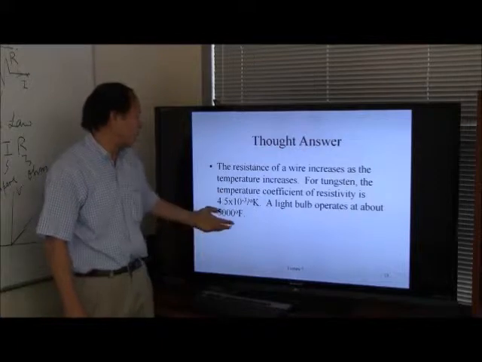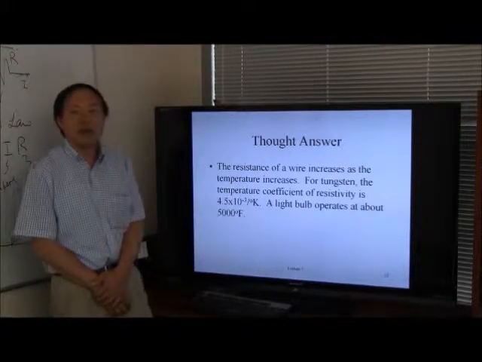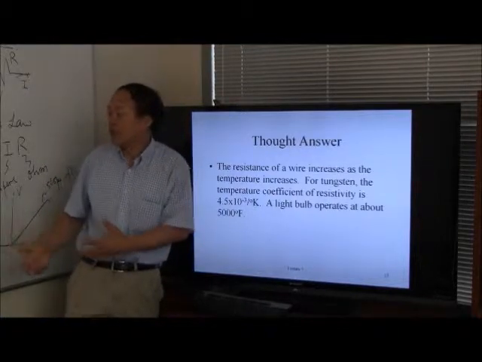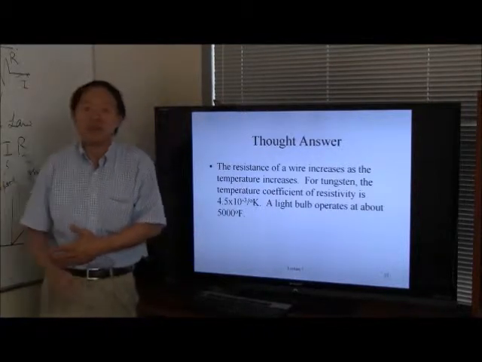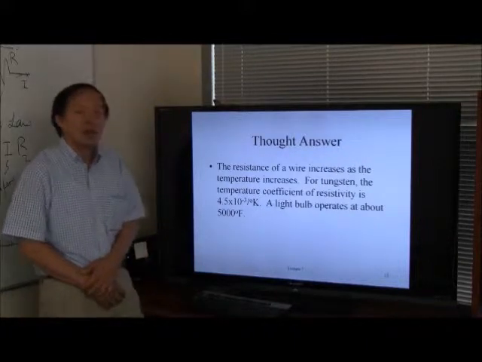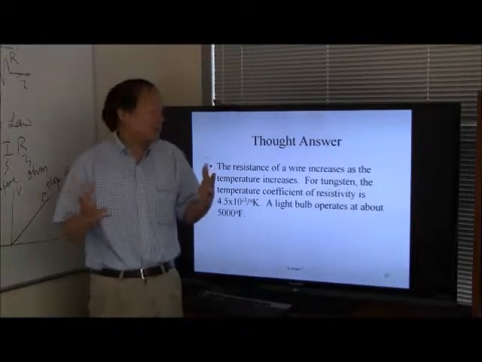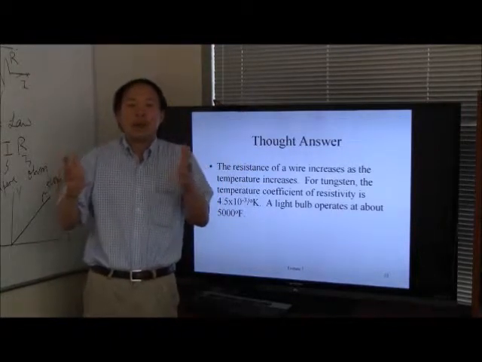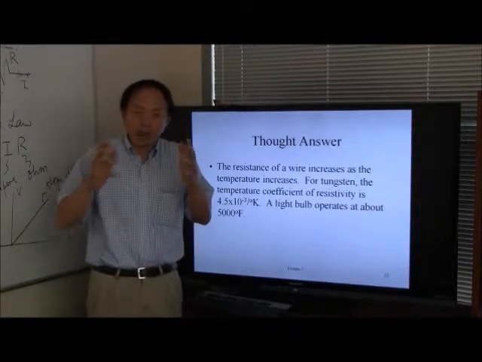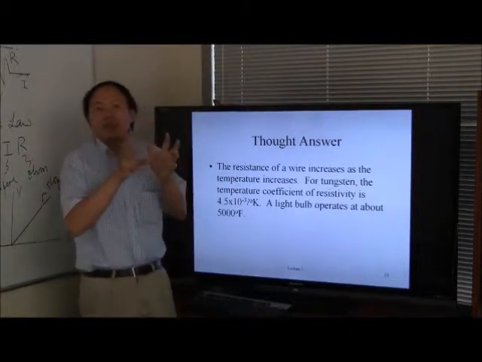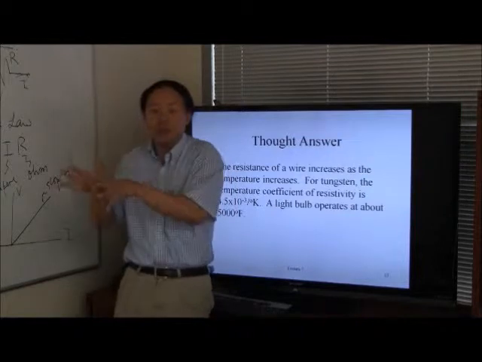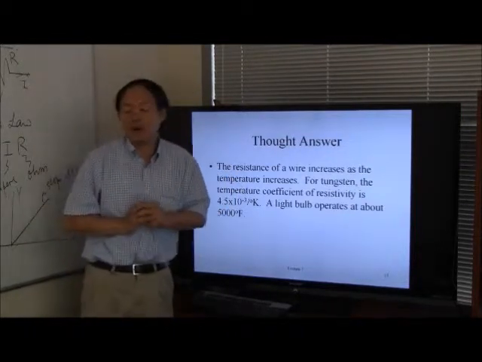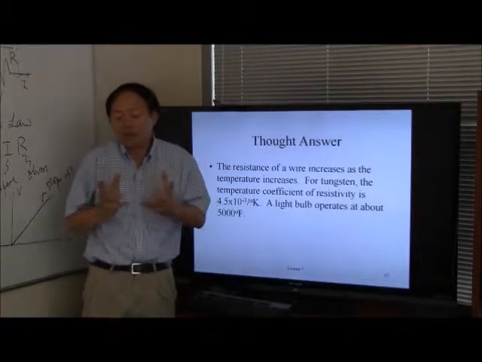So a light bulb operating at 5,000 degrees Fahrenheit would have a resistance that increased more than 10 times, from 40 ohms to 576 ohms. So when we specify power and resistance, the condition of the measurement, whether the light bulb is cold or very hot, makes all the difference for the actual value of the resistance.